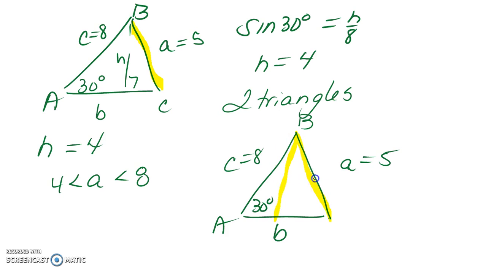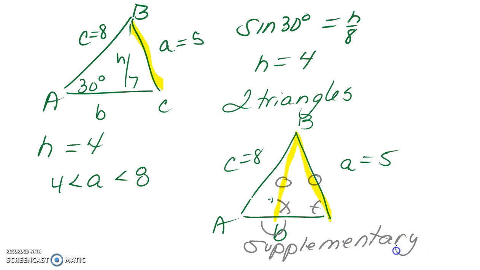So since these two sides are congruent, these two angles are congruent, I know that these angles right here, I'm going to erase the 30 to make more space, these two angles are supplementary. So that's how I know that these two angles are supplementary.